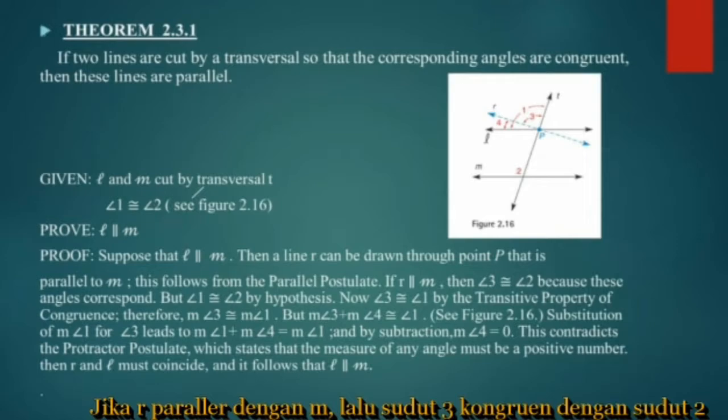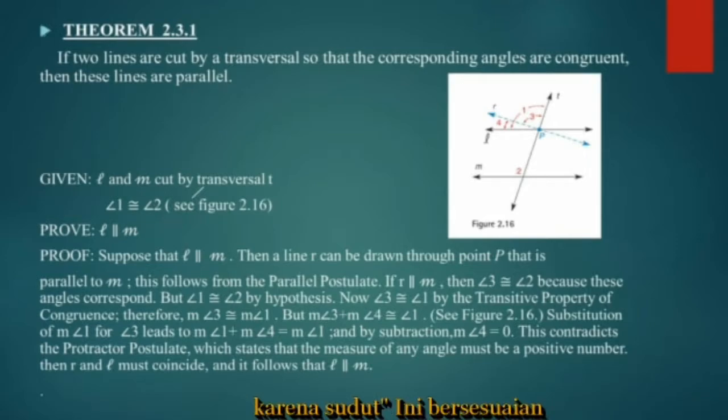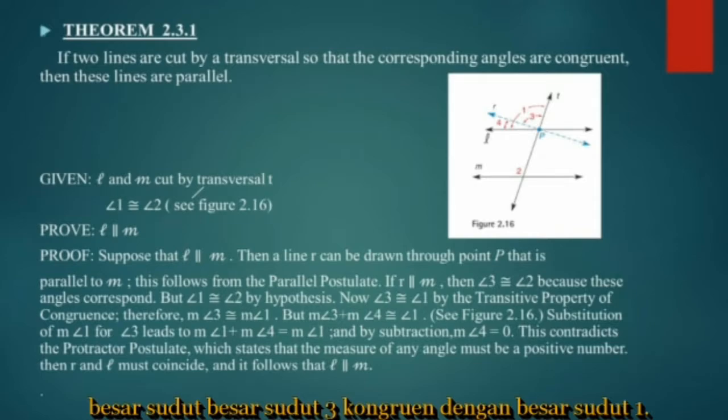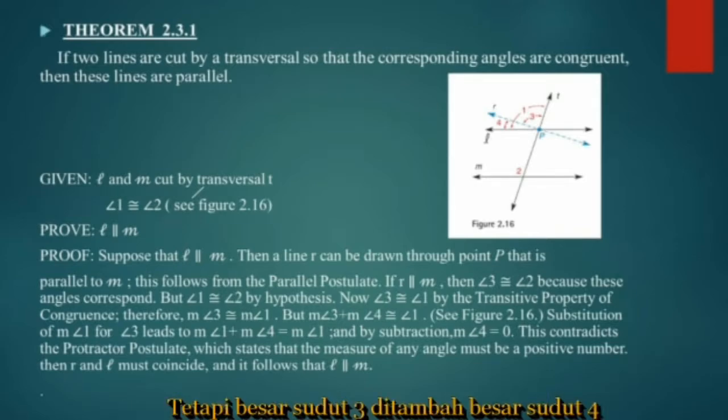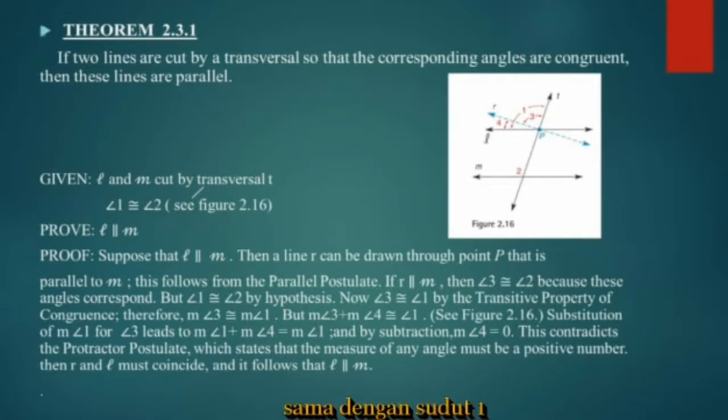If R is parallel to M, then angle 3 is congruent to angle 2 because these angles correspond, but angle 1 is congruent to angle 2 by hypothesis. Now, angle 3 is congruent to angle 1 by the transitive property of congruence. Therefore, m angle 3 equals m angle 1, but m angle 3 plus m angle 4 equals m angle 1.